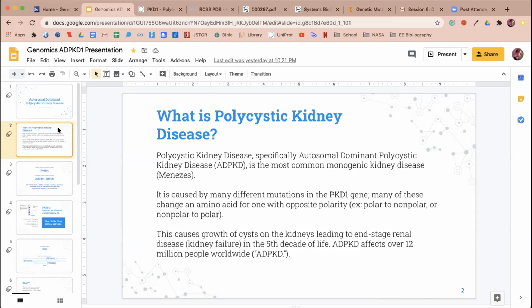There are a lot of mutations that have pathological significance, but not one mutation that causes it. Polycystic kidney disease causes cysts to form in the 5th decade of life, and it is passed on from your parents. If your parents have it, then you have a chance of having it.